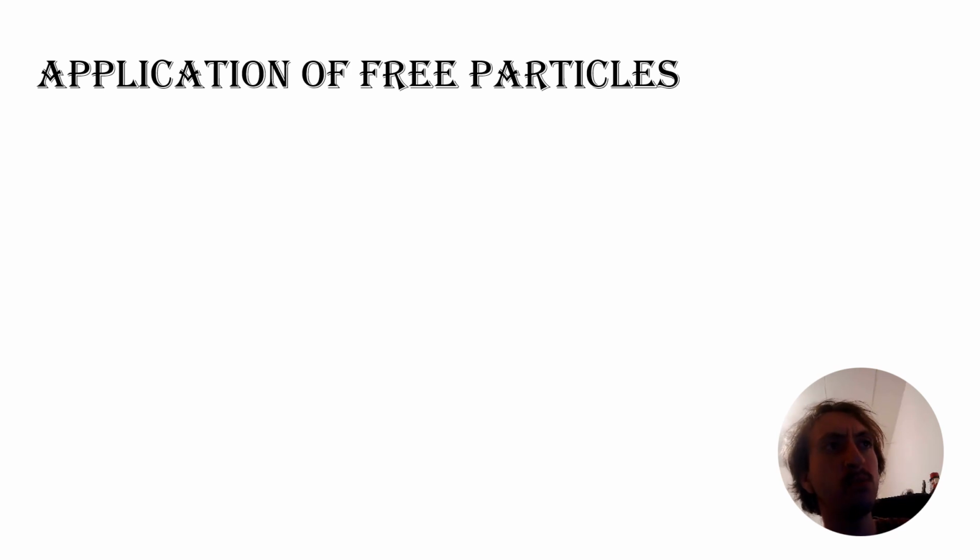So now we've looked at the spatial part of the overall wave function, and we've seen how that predicts wave-particle duality. Let's look at actually using the idea of diffraction of particles in more detail.